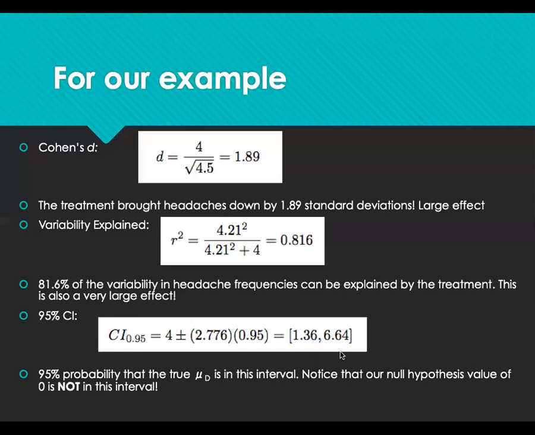The rule is that if 0, your null hypothesis value, is in the interval, then you probably should not be rejecting the null. If the 0 is not in the interval, then you should reject the null. And that's what we've already decided based on our t-test. So computing a confidence interval is a check on your hypothesis testing procedure.